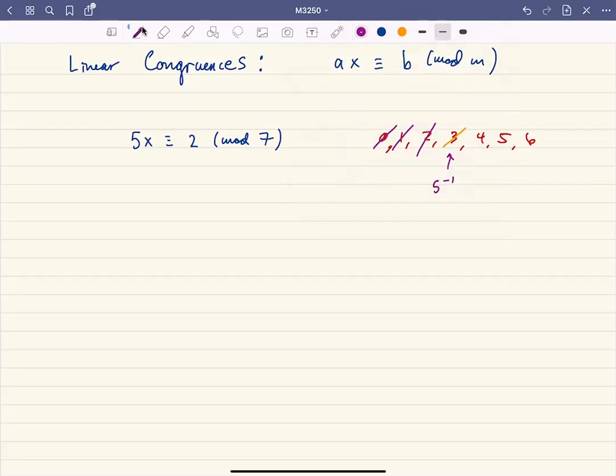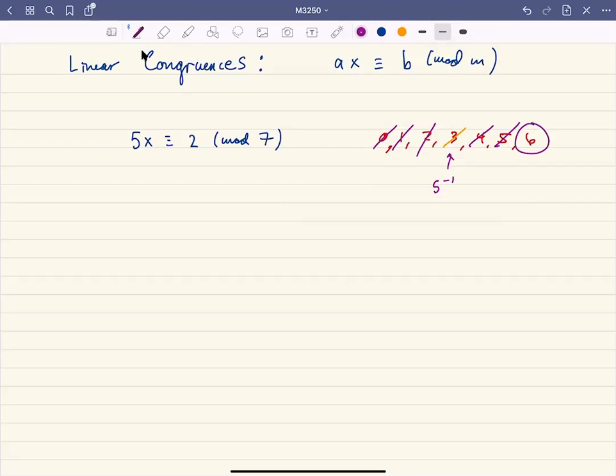4 times 5 is 20, and 20 mod 7 is 6. 5 times 5 is 25, so 25 mod 7 is 4. And 6 times 5 is 30. 30 mod 7 is 2, because 30 is a multiple of 7, namely 28, plus 2.